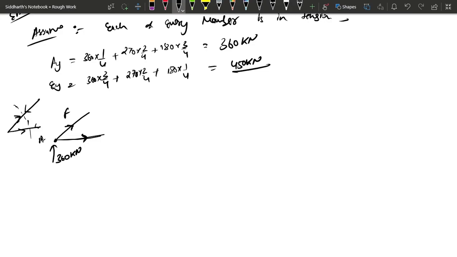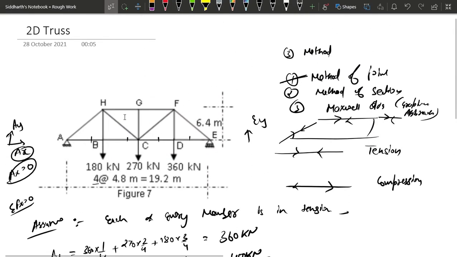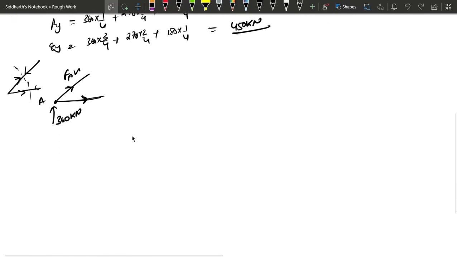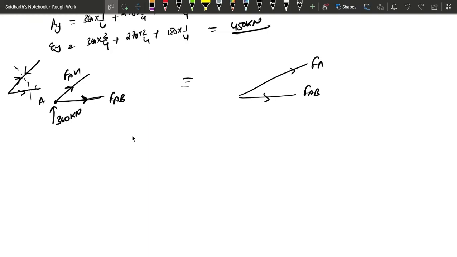The force in this member will be the force in AH, the upper joint H, and in this one will be the force in AB, and we have 360 kilonewton acting upward.